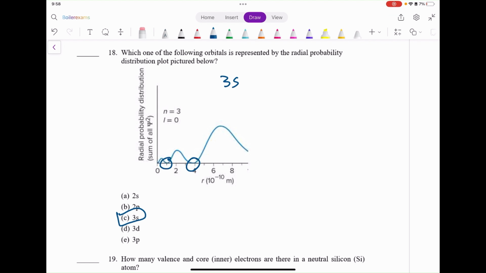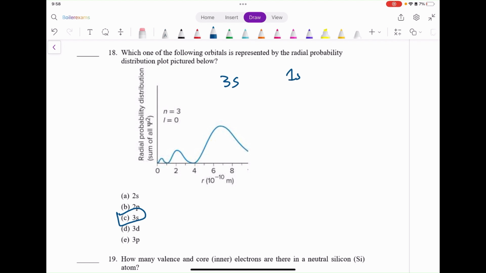These little node density areas are called nodes, where electrons can't or don't seem to exist. And as you go up each energy level for the s orbitals only, you add on 1 node, starting at 0.